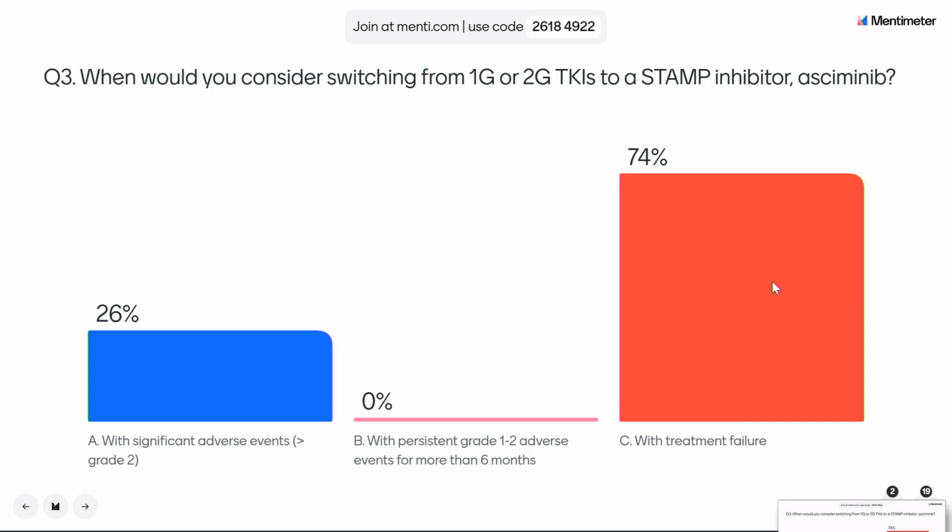So basically, David did mention correctly that the data for first line is a bit too immature for long-term effects of asciminib. However, I think we have published and presented, and are publishing, the long-term follow-up data for the phase 1 asciminib study. It is one of the longest phase 1s we have run, 8 to 10 years, with patients up to 10 years still on follow-up, and well over 100 patients on it.